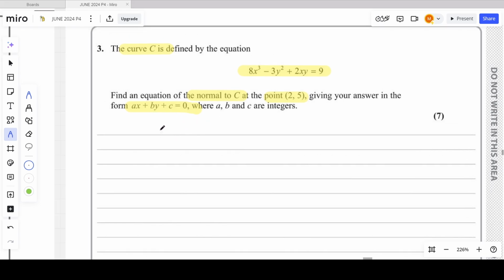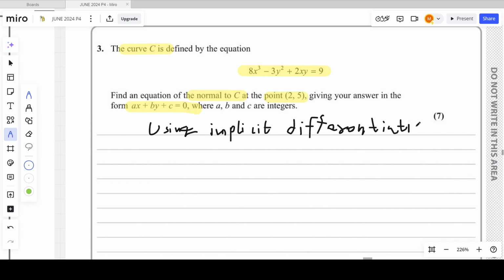We will use implicit differentiation here.